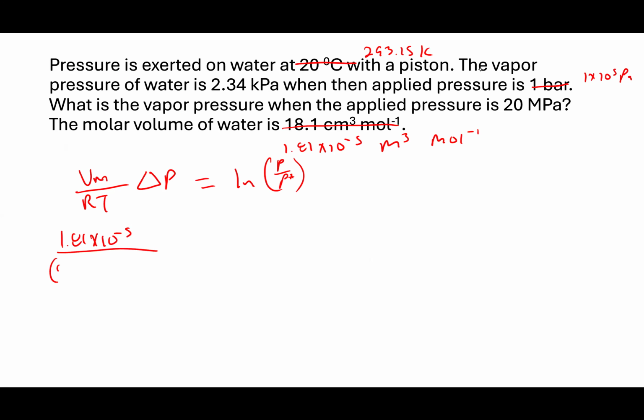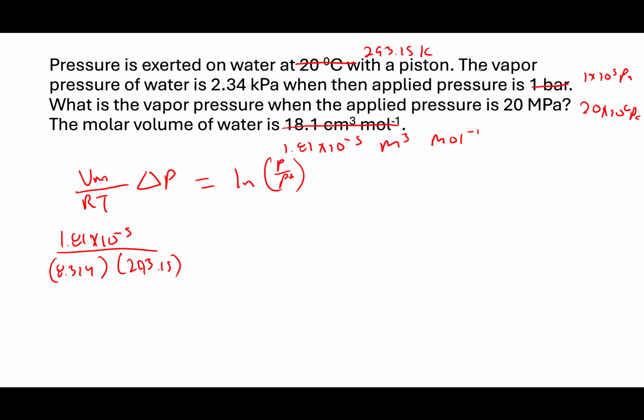R is going to be 8.314. T is going to be 293.15. Right, for our change in pressure, this is the change in the overall pressure. The applied pressure is 20 megapascals, and it changes from 10 to the fifth basically to 20 megapascals, which is 20 times 10 to the sixth pascals.